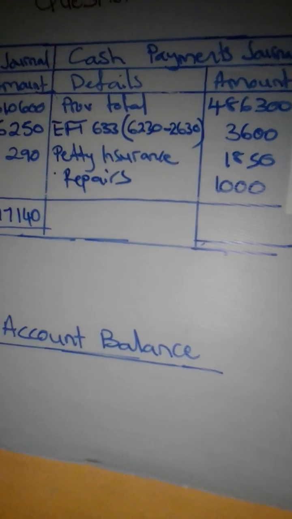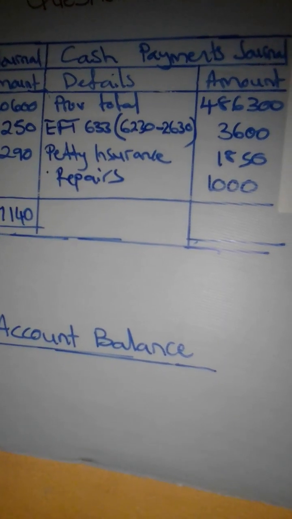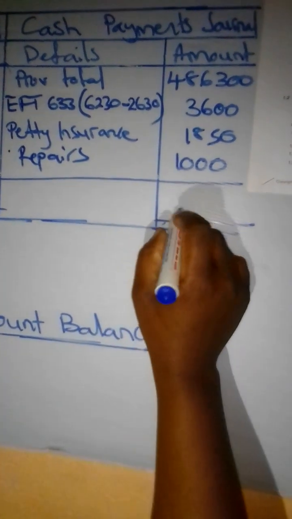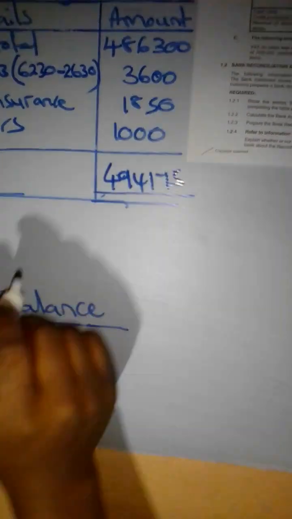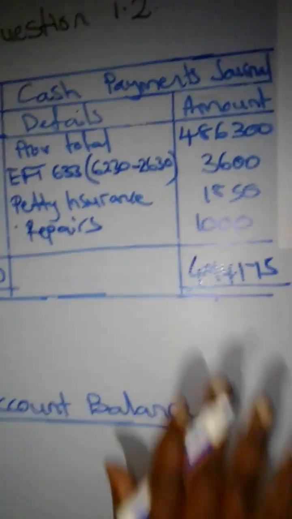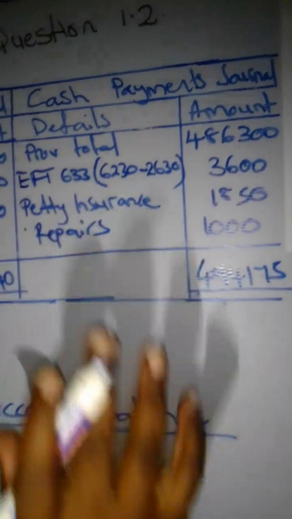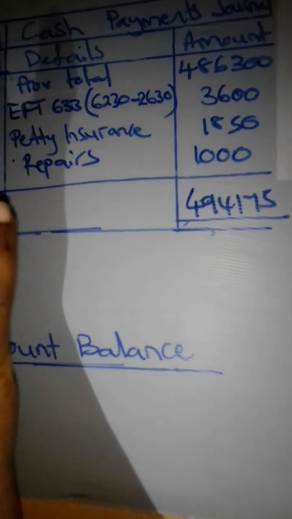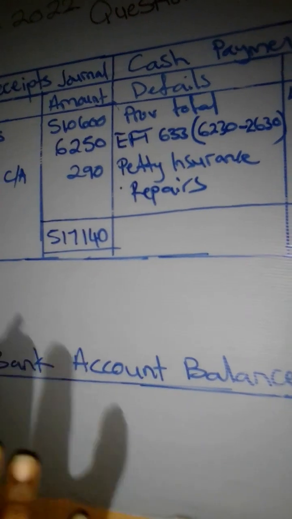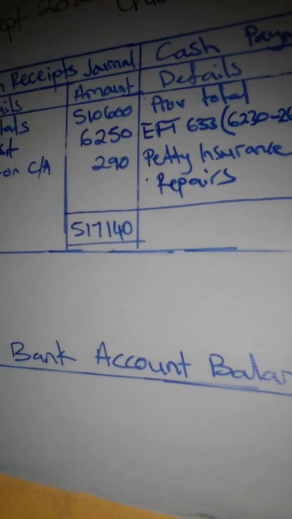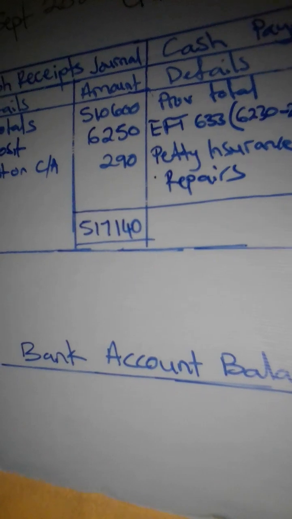We'll get something like 494,175. Okay, so these are the totals. Our cash books have been updated. So the next step is for us now to calculate the bank account balance, and then the last thing will be for us to do the bank reconciliation statement.